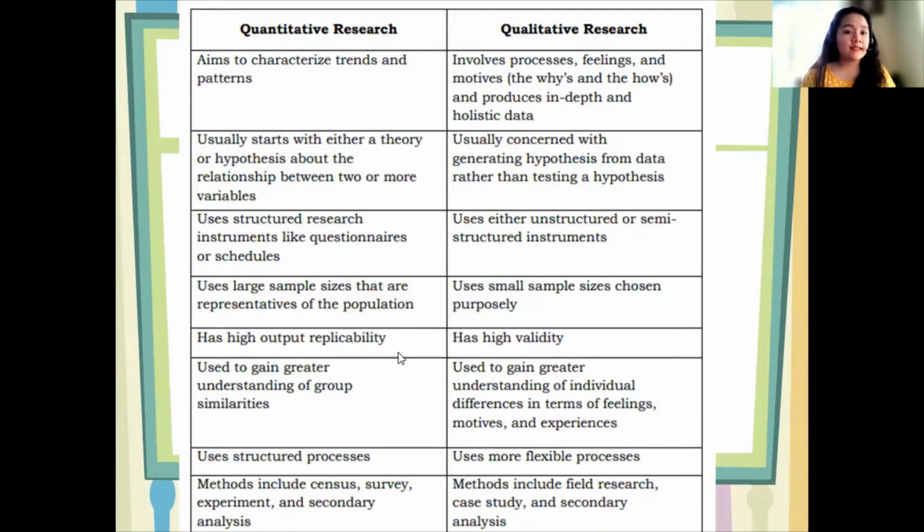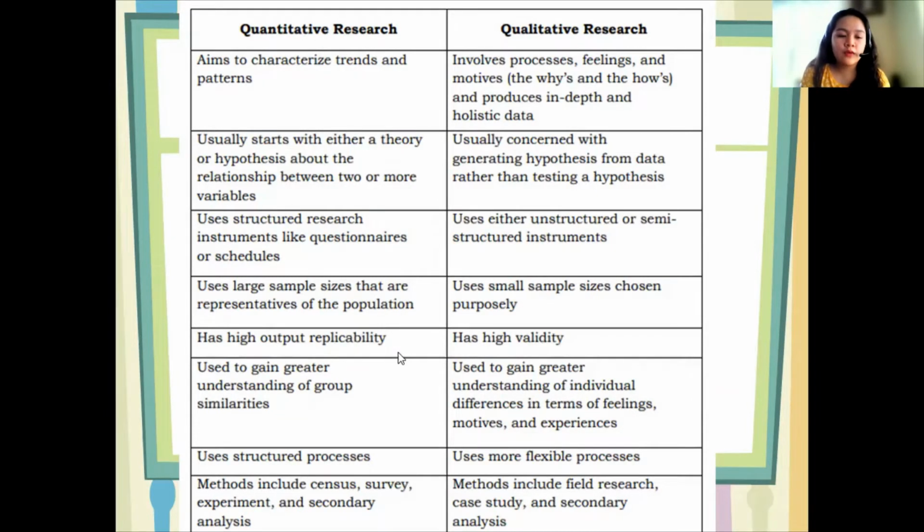So quantitative research aims to characterize trends and patterns. So what do we mean by characterize? So if the trend is the tardiness of the online students, or the factors affecting the tardiness of the online students, ganon.